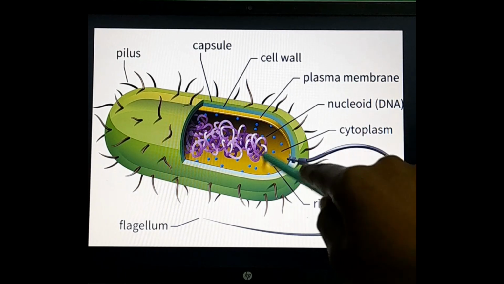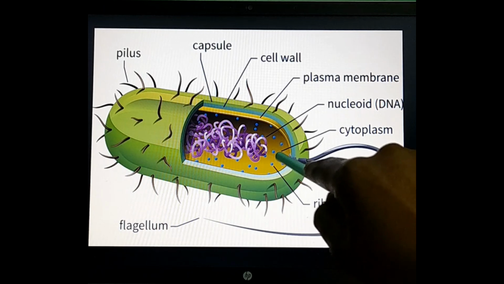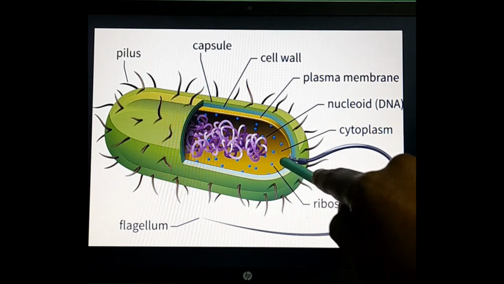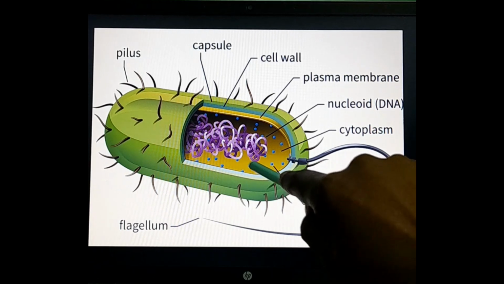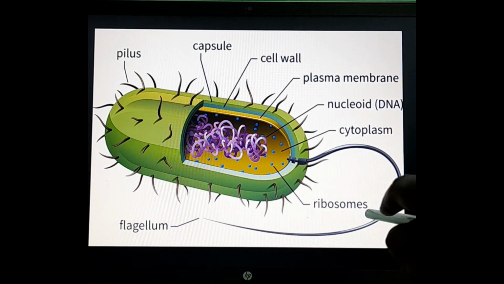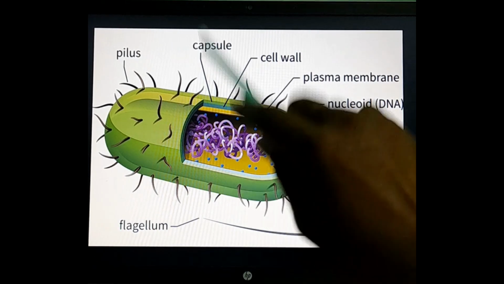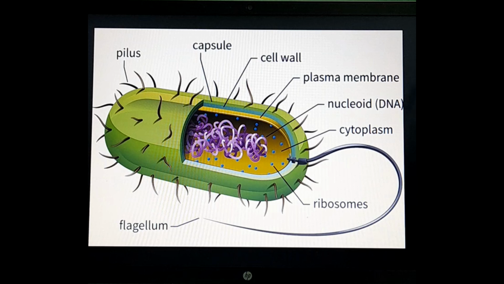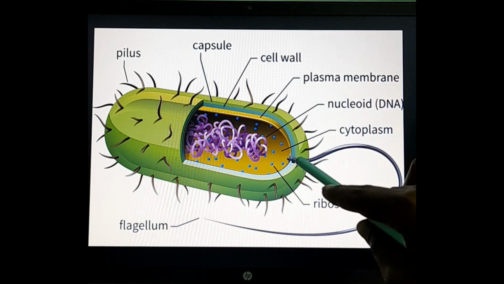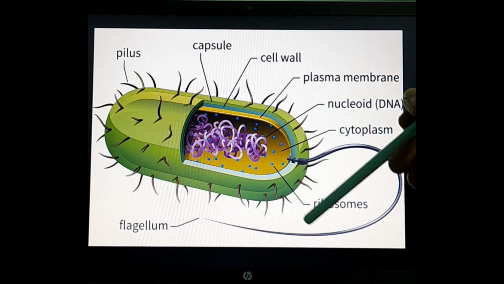Cytoplasm, the jelly-like structure, is present here. The light greenish yellow color is the cytoplasm. And the non-membranous cell organelles, these blue dots, are called the ribosomes. The other two organelles present are the flagellum and the pilus. How can we distinguish the flagellum and pilus? Normally the length of the flagellum is larger than the pilus.